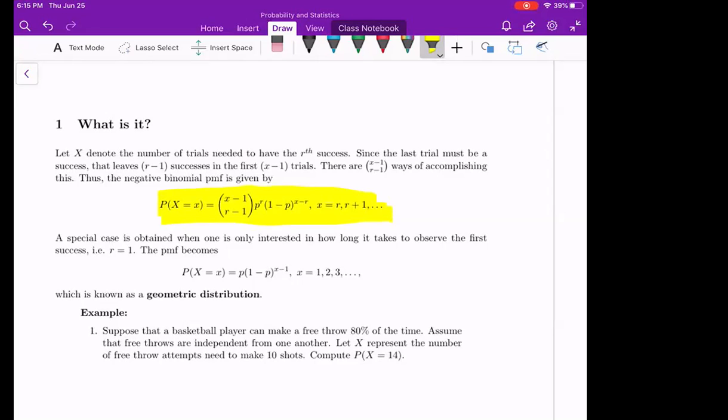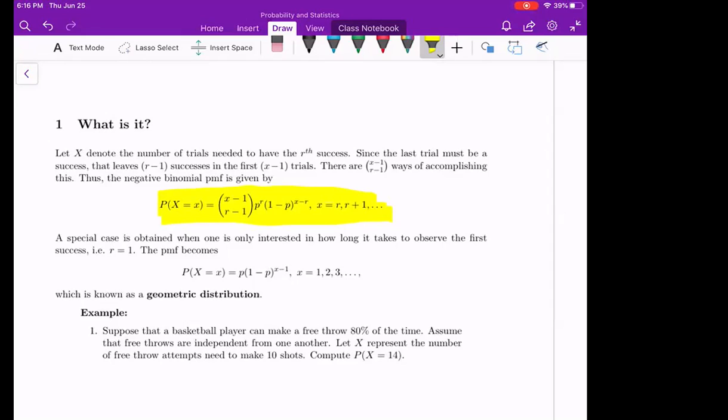And so this could be like, what is the probability that we need to speak to 20 people before we find 2 people that say that they plan on voting for Trump in this upcoming election? With that understanding, the rth success, or in the specific one I gave, the second success, is that last person.